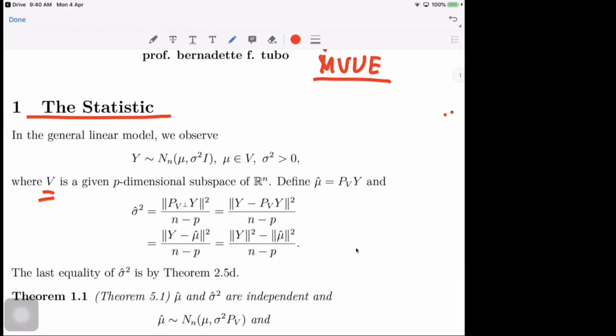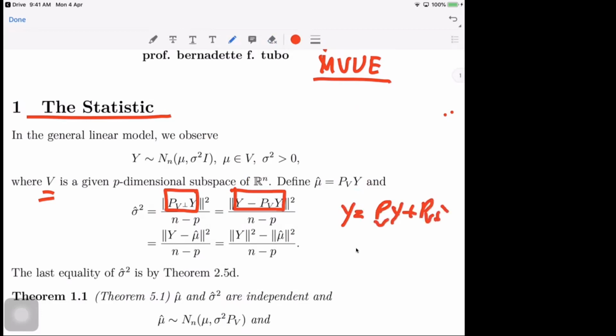Okay, so you know that the projection of y onto V perp can be written as y minus the projection of y onto V. That is, y is just a sum of the projection and the rejection.